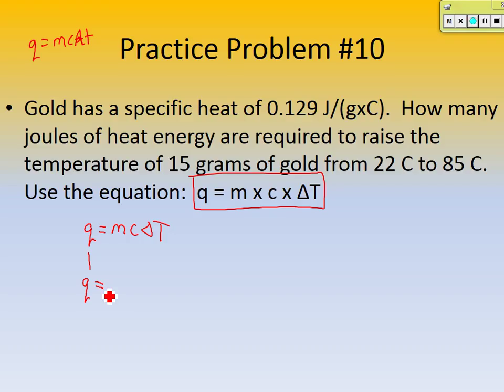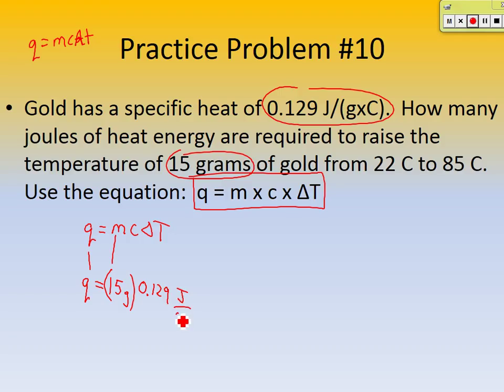Did it give us the mass? 15 grams, so I'm going to put that in for M. 15 grams. Okay, did it tell us what the specific heat was? Yeah, the specific heat was this. So 0.129. Let's put in the units as well just for this problem. Joules per gram per degree Celsius.